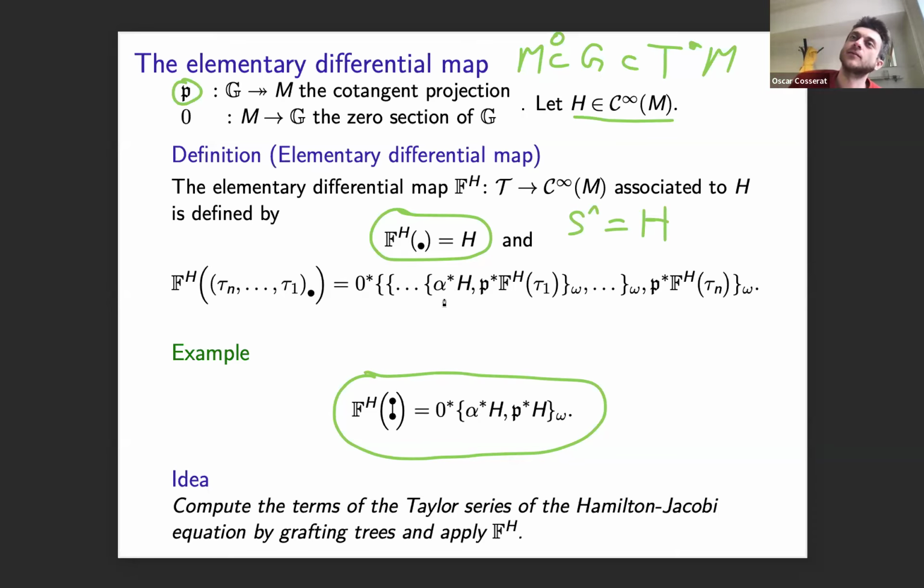And then we want to compute higher terms, and this is recursive again.